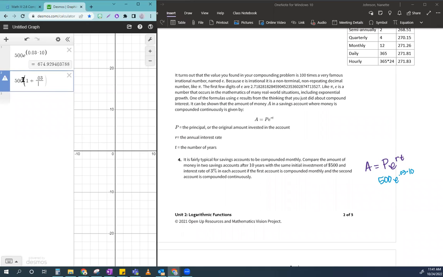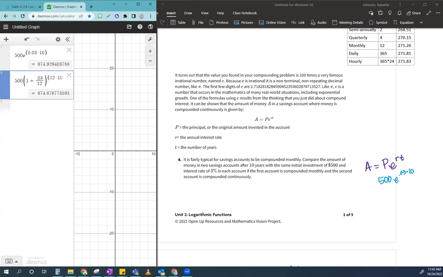What's my N for monthly? Yeah, it's 12. And if you don't know your formula, no problem. I know it because I'm the teacher. Times 12 times T, and in this case, T was 10. So here's my 2.